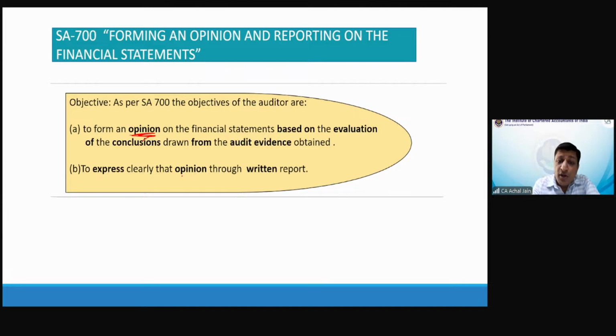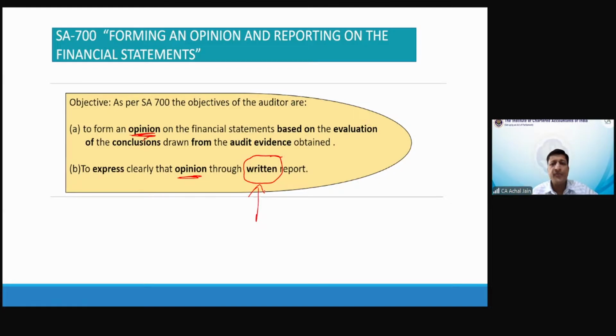And this audit report, wherein the opinion is provided, has to be in writing always. Now, writing doesn't mean that you will take a piece of paper and write it by hand. Writing means it has to be the written one. So you can always have it on a Word file, printed. Yeah, so that's what you call written. It's not something which the auditor will do orally.